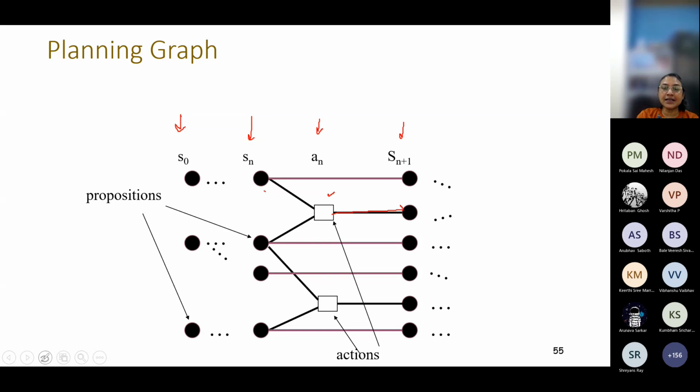So the propositions in Sn plus 1 are all propositions in Sn, plus the add lists of all actions whose preconditions are there in Sn. Is this clear?